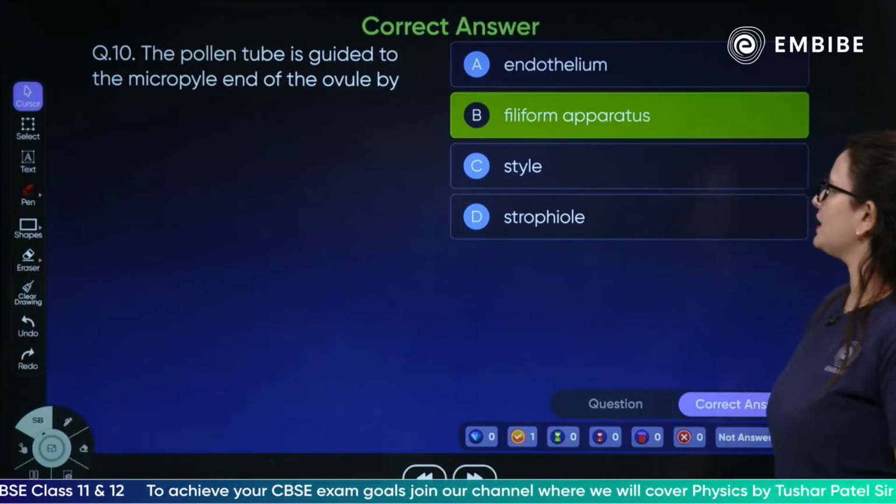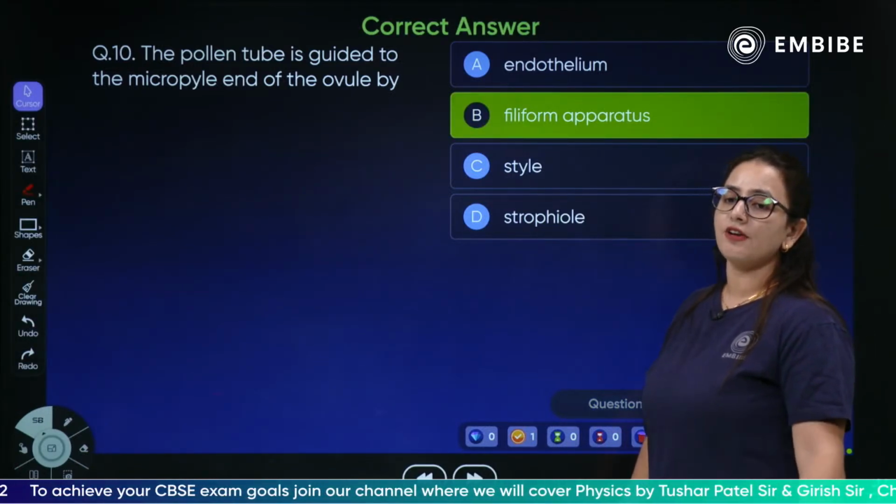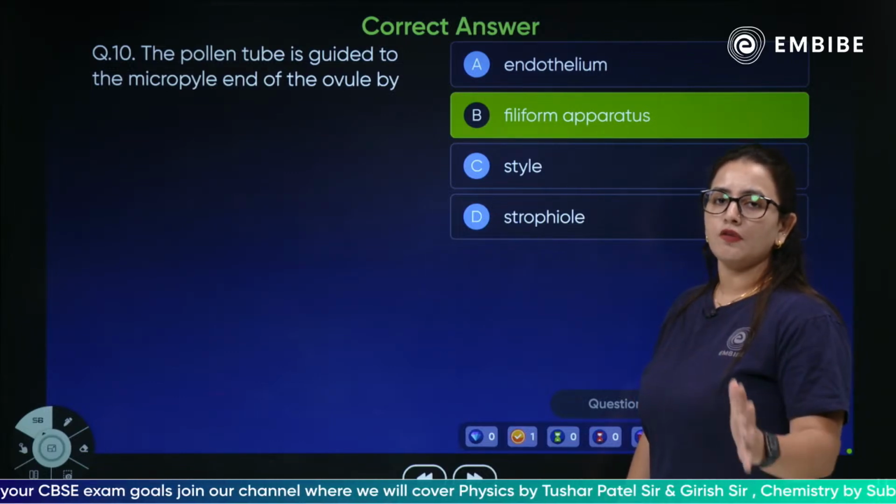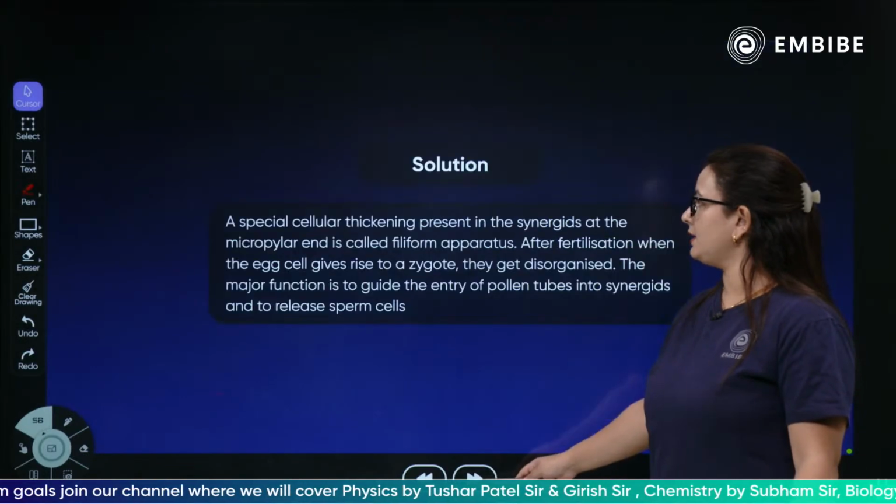The correct answer would be the filiform apparatus, which is guiding the entry of the pollen tube through the micropylar region.